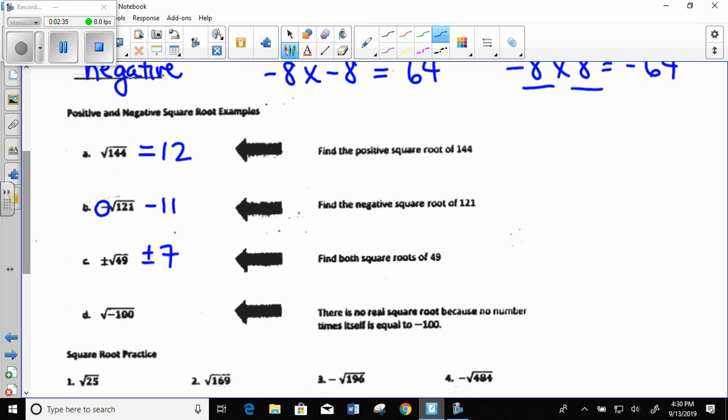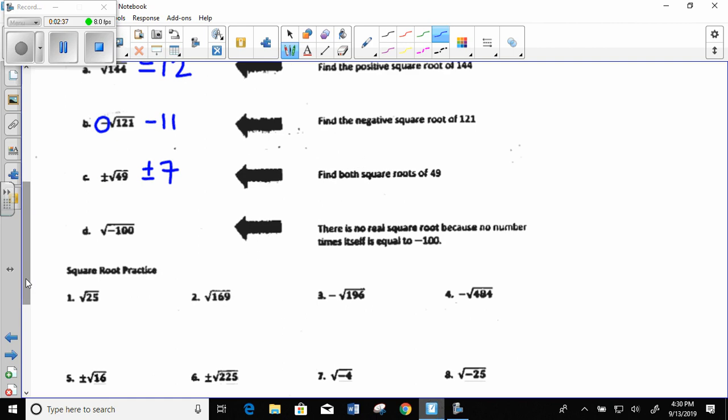That's all it means. Letter D, you have a negative on the inside. That doesn't work because how would you get a negative 100? You can't do that because a 10 times a negative 10 would give you a negative 100, but remember square roots, they have to be exactly the same, so it doesn't work.